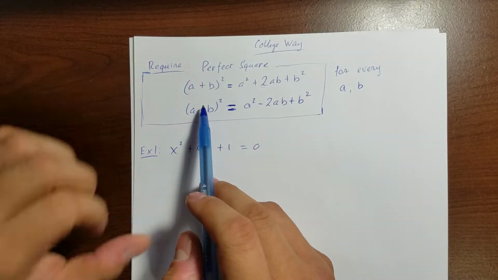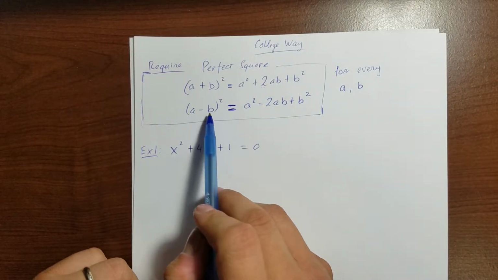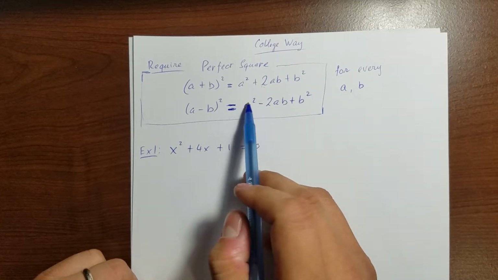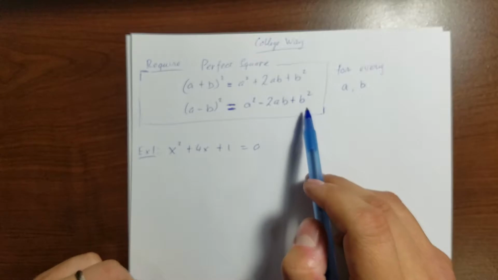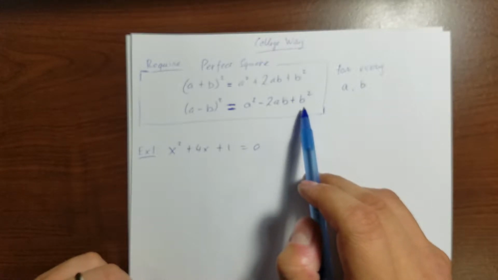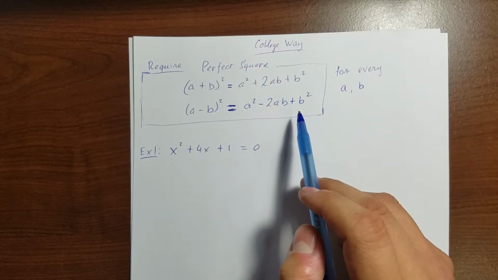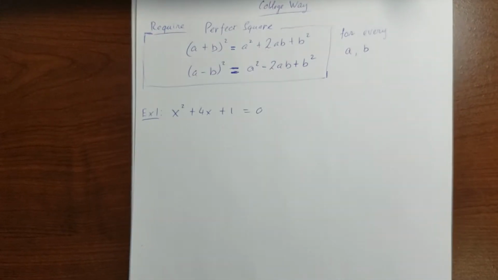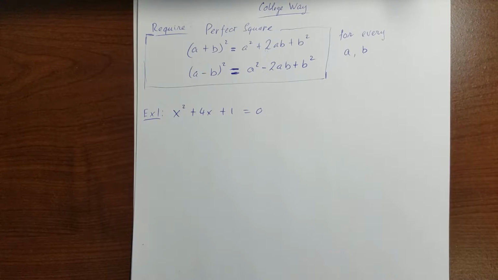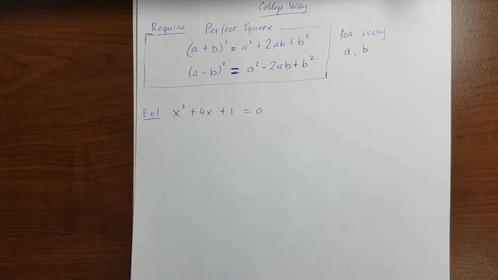The alternative case you will have is A minus B, all squared, equal to A squared minus 2AB plus B squared. So let it sink in a little bit and make sure it's in focus. Alright, for now, let's do this particular example here.